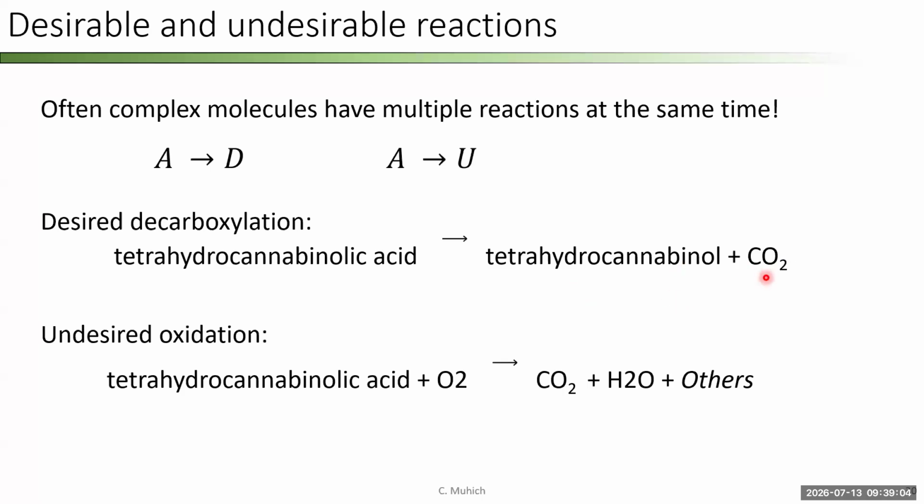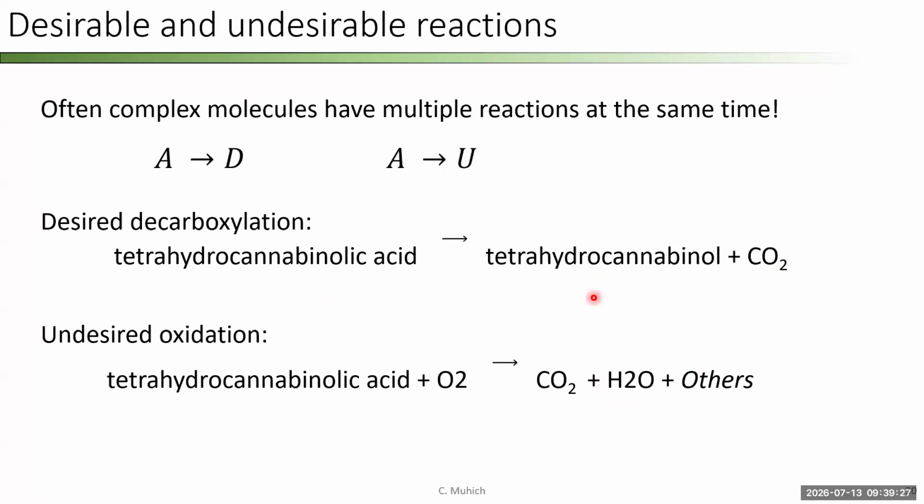This is what we want to happen. Or it can oxidize where it forms CO2, water, and other degradation products, right? So if this reaction occurs, that's great. This is the high value product. At the same time, if it reacts with oxygen, it's just forming unuseful products.